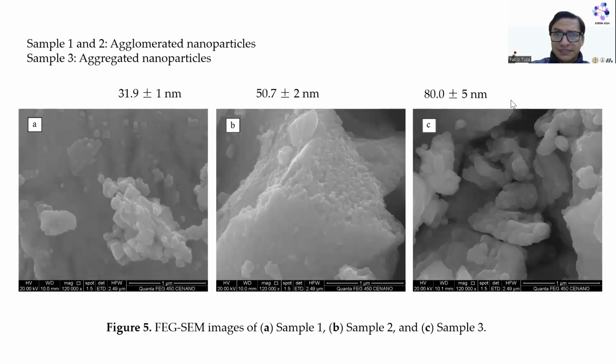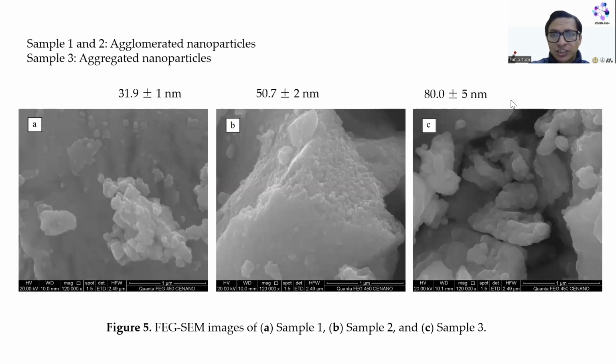Figure 5 presents the SEM images for sample 1, sample 2, and sample 3, respectively. It was observed that agglomerated nanoparticles constituted sample 1 and sample 2, while sample 3 was mainly composed of aggregated nanoparticles.